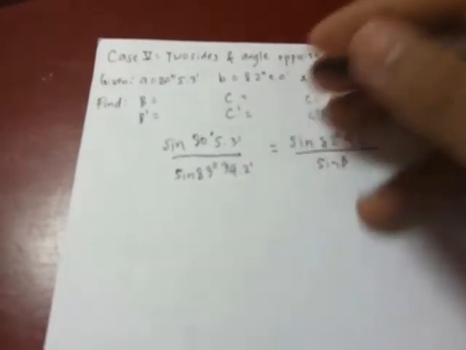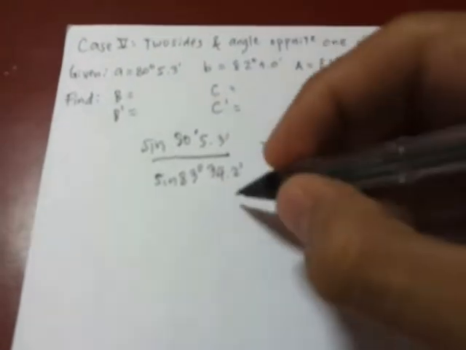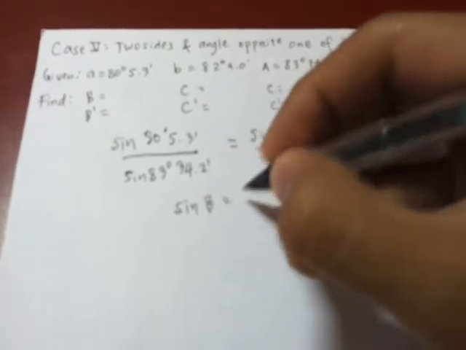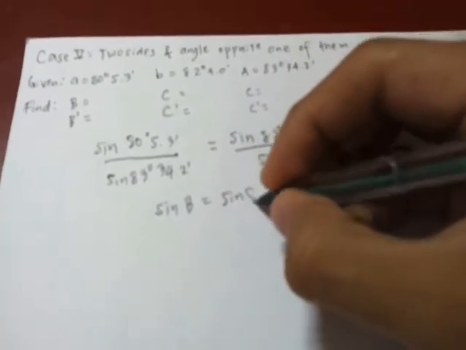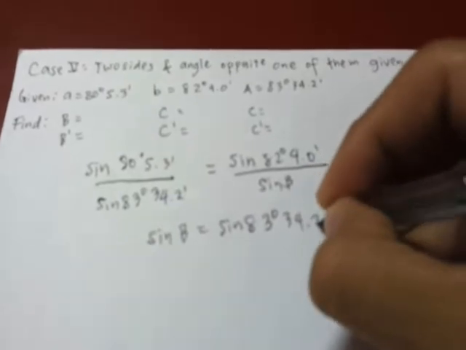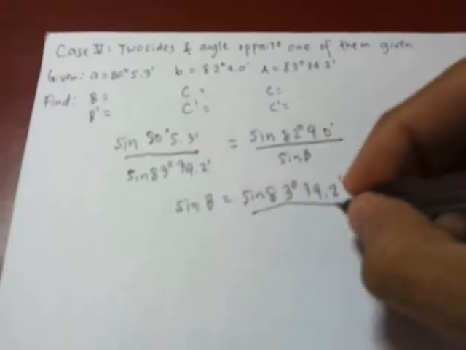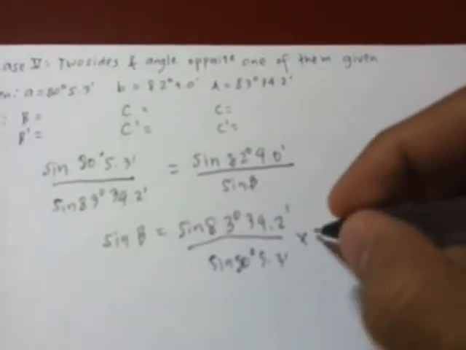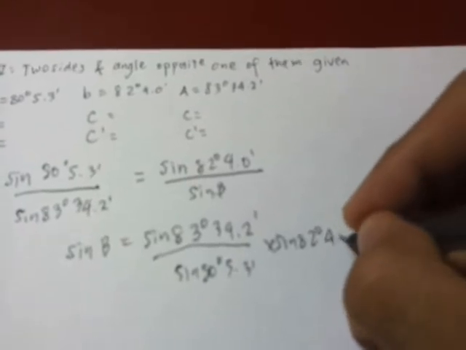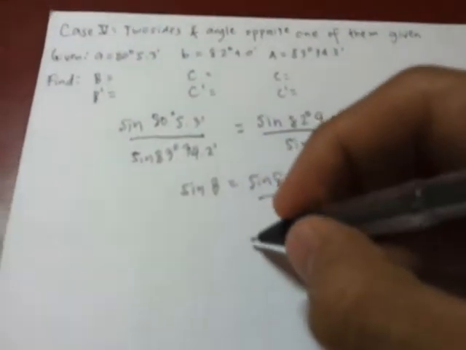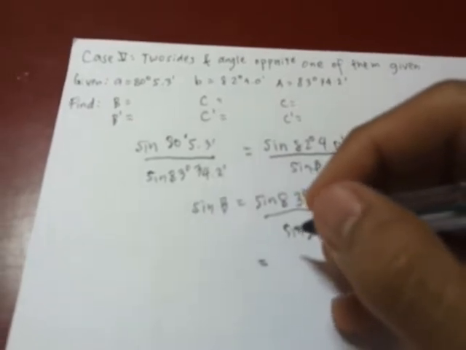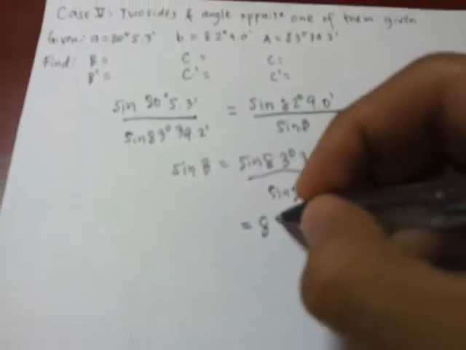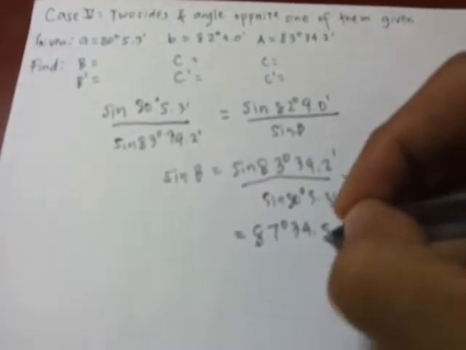So rearranging the equation and getting the arcsine of b, let me show you first: sine b is sine 83 degrees 34.2 minutes over sine 80 degrees 5.3 minutes times sine 82 degrees 4.0 minutes. So get the arcsine of that, and then you will get the value of 87 degrees 34.5 minutes.